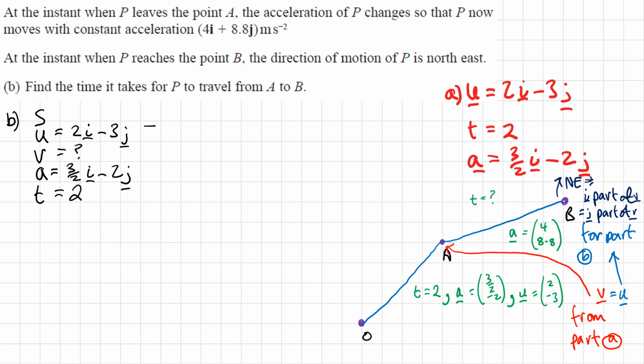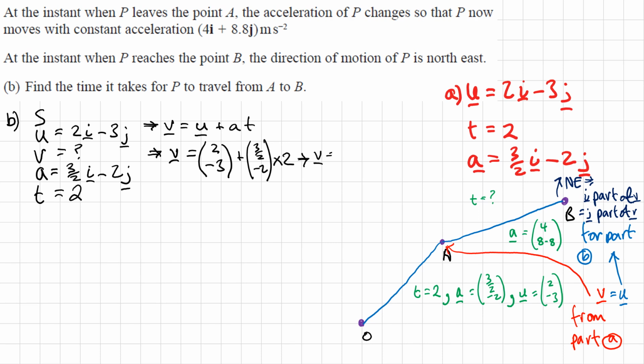So the equation I'm going to use is v equals u plus at. We'll substitute those values in, so v is going to equal u, so back to columns again, 2, minus 3, plus a, 3 over 2, minus 2, times t, which is 2.